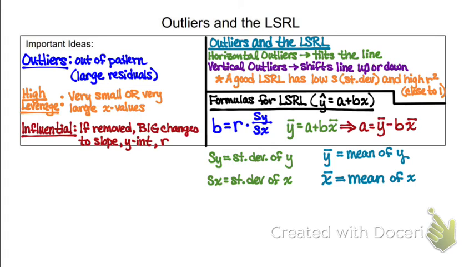For this part down here, you will be given these formulas anytime you would be expected to use them. But we can find a least squares regression line given information about what R is, what is the standard deviation of Y, what is the standard deviation of X, mean of Y and mean of X. We can use this information to come up with a least squares regression equation.